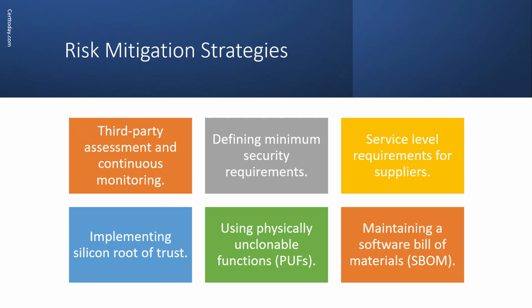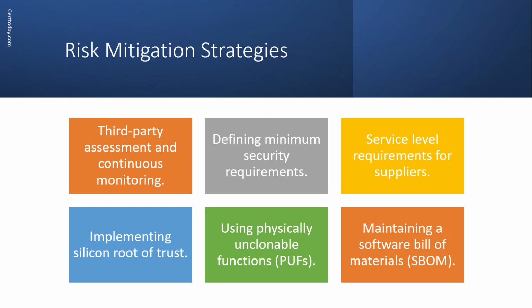security obligations. From a hardware perspective, integrating a silicon root of trust ensures that devices boot securely and that firmware has not been altered. Similarly, using physically unclonable functions, PUF, adds a hardware-based unique identifier, making devices more resistant to cloning or counterfeiting.